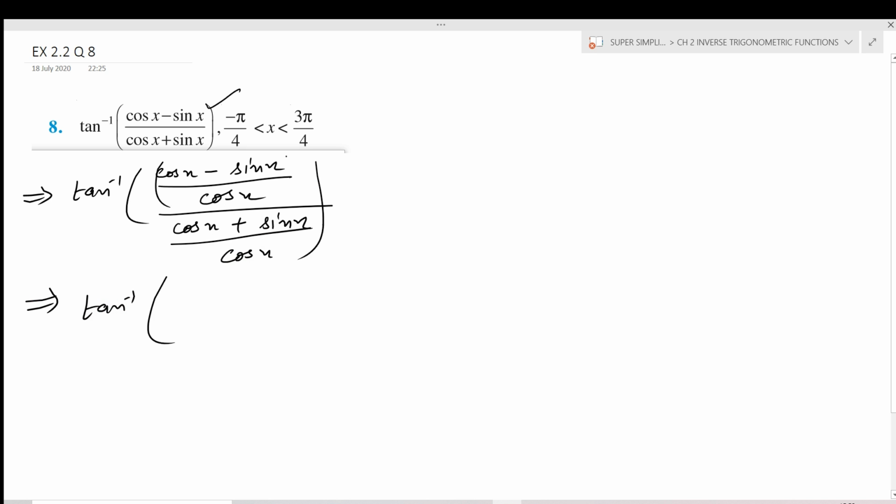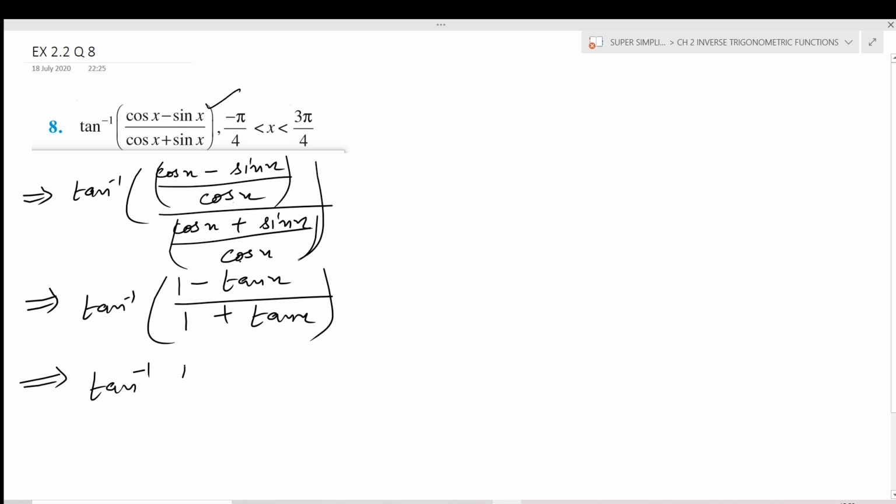Now we shall divide cos x by cos x, which becomes 1, sin x by cos x becomes tan x, and then cos x by cos x again becomes 1 plus tan x, and this is nothing but the expansion of tan(pi by 4 minus x). So now this will be pi by 4 minus x.